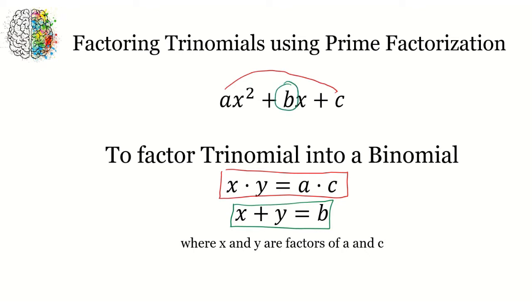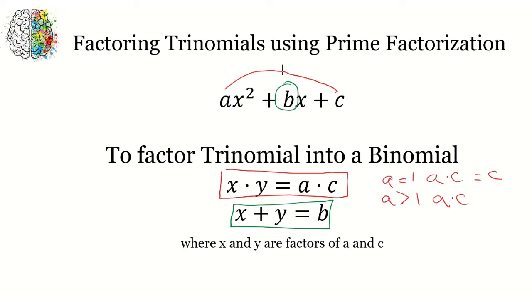Now this gets a little tricky when my a times c is a big number. You'll remember if my a equals 1, then a times c is just c, and we're going to factor the c. When my a is greater than 1, then we're going to use the a times c.